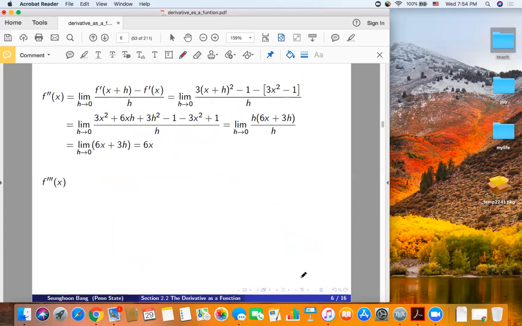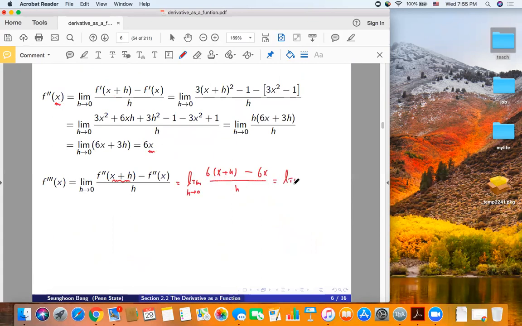For the third derivative, we can use the definition: the limit of the second derivative of f at x plus h minus the second derivative of f at x, over h. How can you do that? This is a limit as h approaches 0. You plug x plus h into the second derivative, 6 times x plus h, minus the second derivative of f at x, which is 6x, over h.